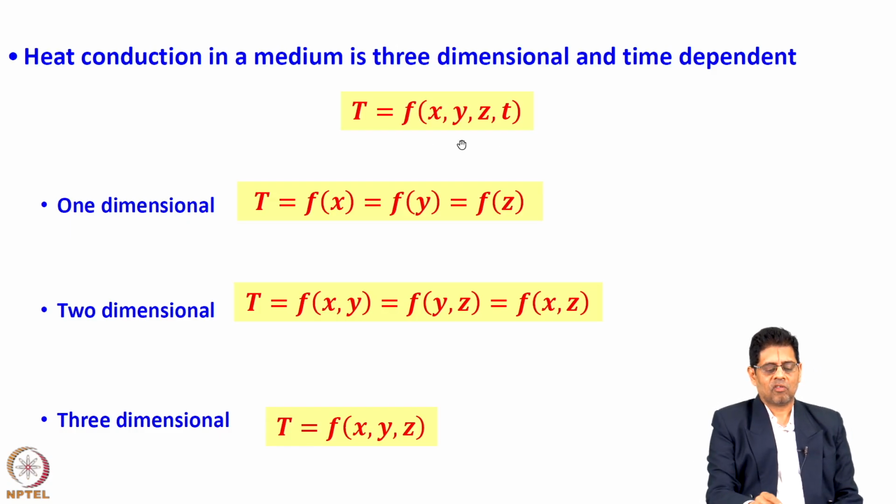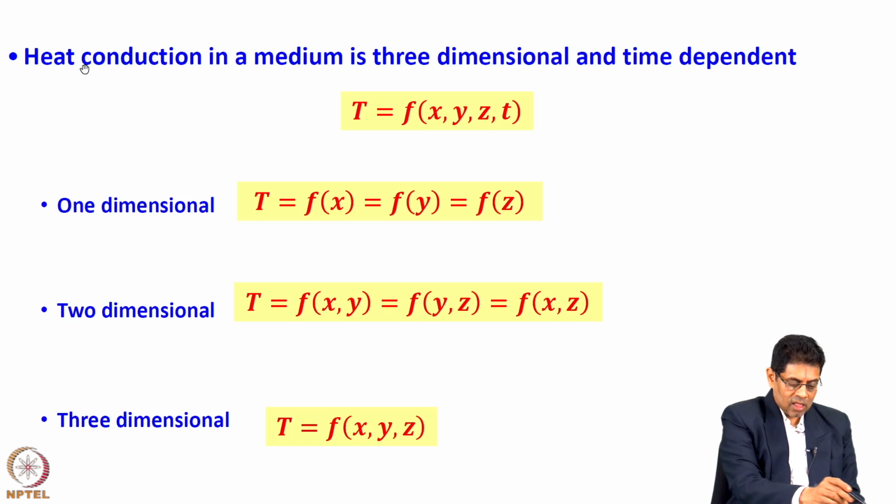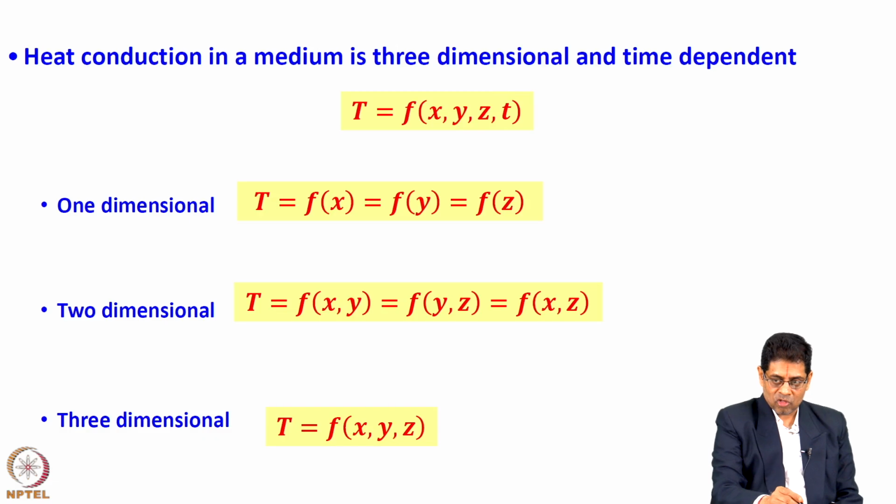T is a function of x, y, z, t in general. 1D in x, we could have T as a function of x alone or y alone or z alone. Steady state, of course, if it is a function of 2 dimensions, x, y, or y, z or x, z, or 3 dimensional, it could be a function of all the 3. So, what is written here is general.